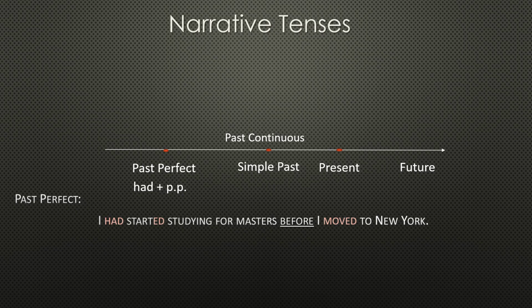So again, it shows two actions happened in the past. The one where I use past perfect started further in the past, and the simple past one is closer to the present.